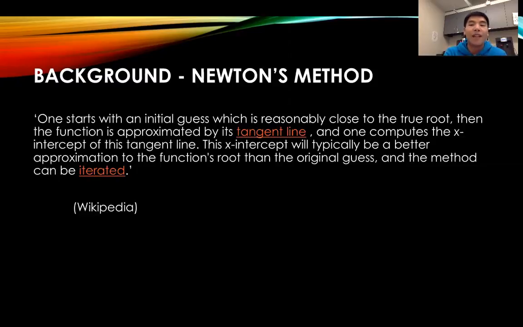The tangent line would typically be a better approximation to the function's root than the original guess, and the method can be iterated until we find the optimal value. Whether or not we can find the optimal value depends on whether the function we are trying to iterate is convex or not.